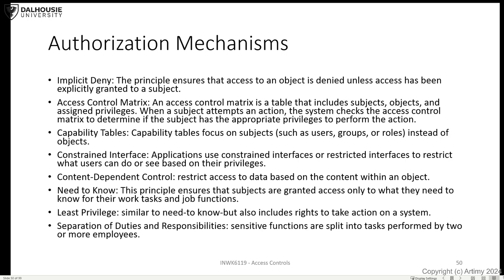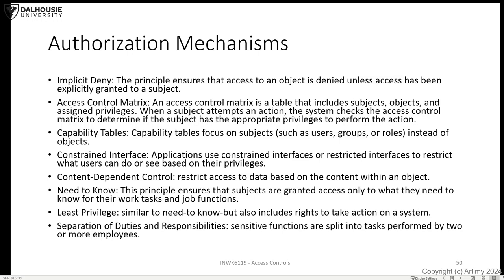Okay, when we talk about authorizations, we have certain mechanisms that we use to define authorization, and certain concepts as well. So implicit deny is something that you hear all the time, and we can look at it later. So the principle, the idea behind implicit deny is that you have to have explicit rights or permissions to do something.